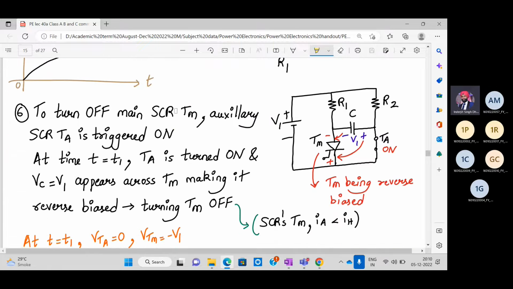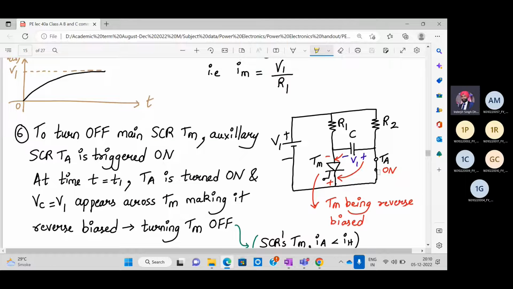So to turn off the main SCR, now the auxiliary SCR is triggered on. How? Now see, whenever the auxiliary SCR TA is turned on, what happens? This is a short circuit over here. And the capacitor was holding the voltage V1. So this V1 will appear as it is in parallel with the main SCR.